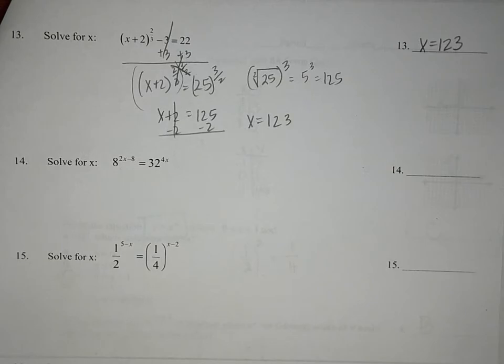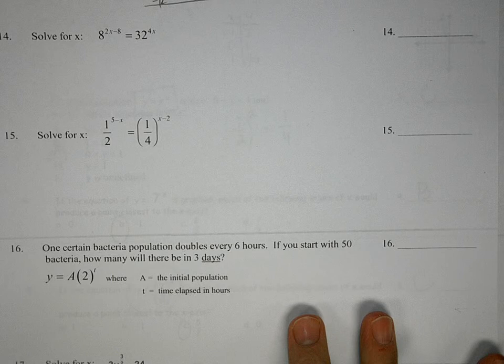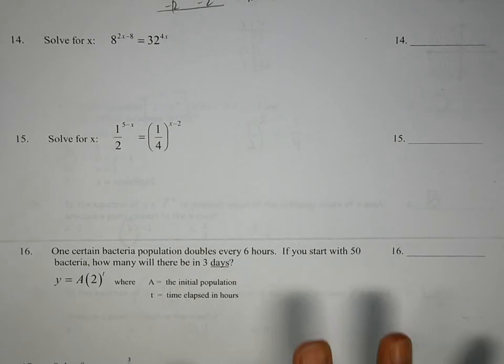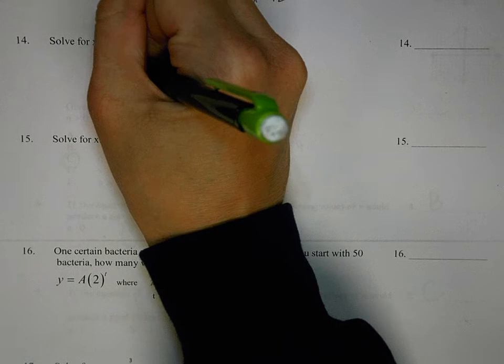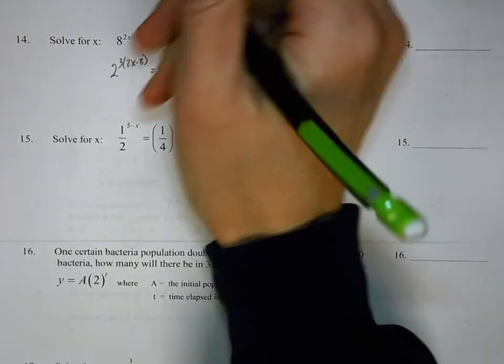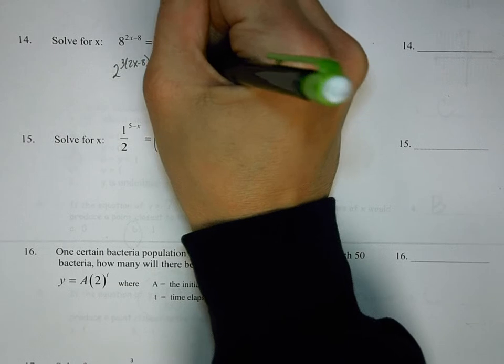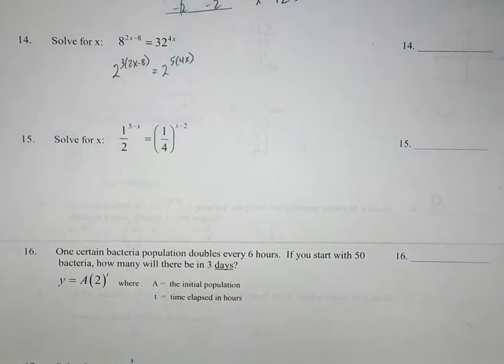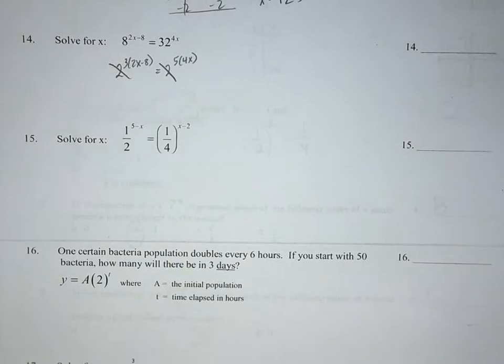Okay, 14. What will be my common base? 2. Good. 8 is 2 to what power? 2 to the 3rd times 2x minus 8 equals 32 is 2 to the 5th times 4x. Our bases are the same. So now we're going to solve.